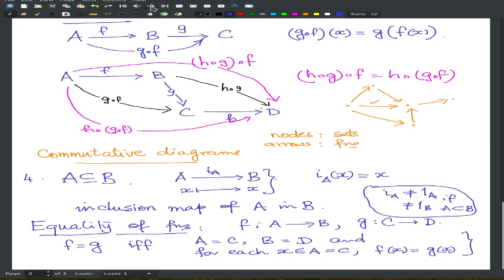Alright, so we have composites, we have inclusion. What more? Let's see. Here is something called the projection.